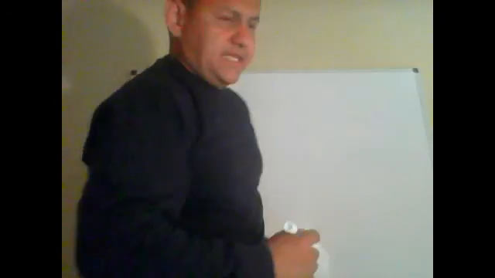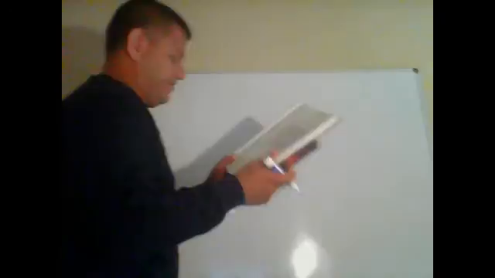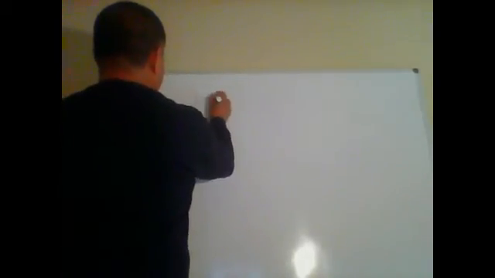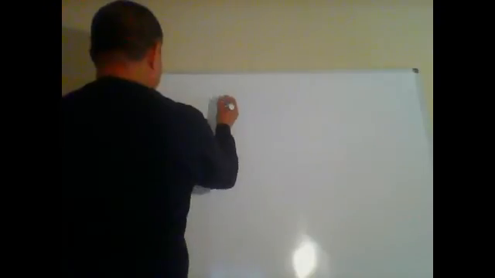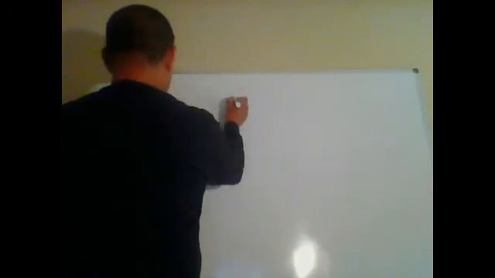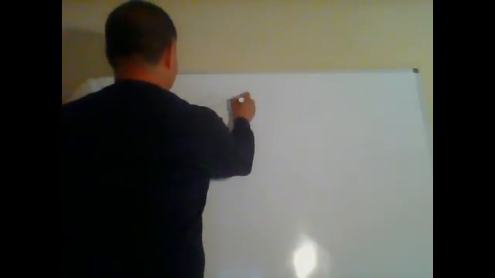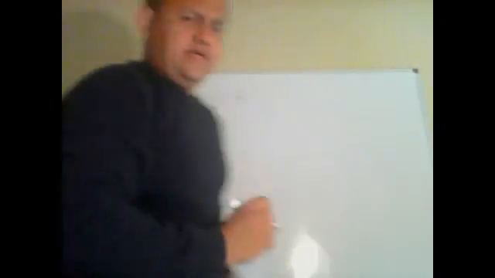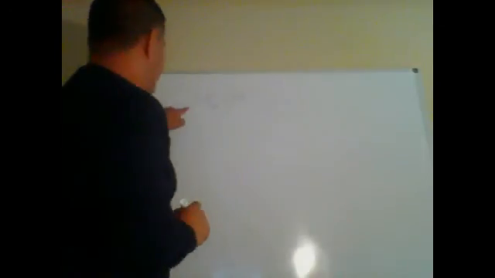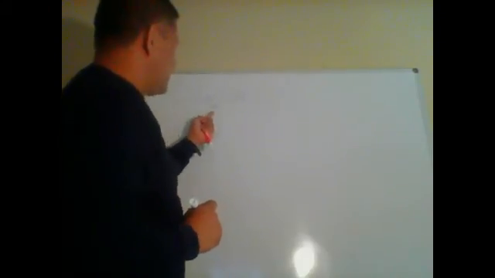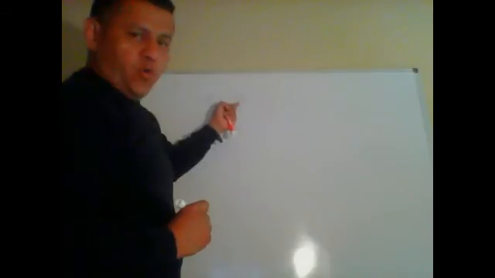The problem says the following: x dy/dx equals 4y. So this is the differential equation: x times dy/dx equals 4y.